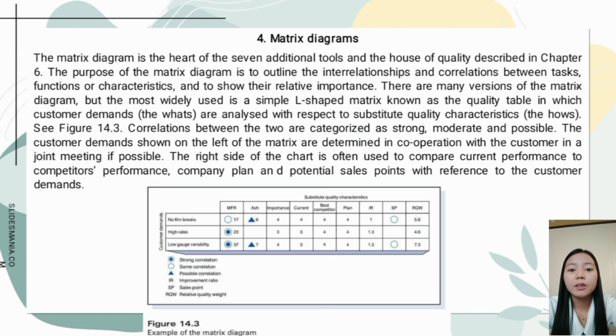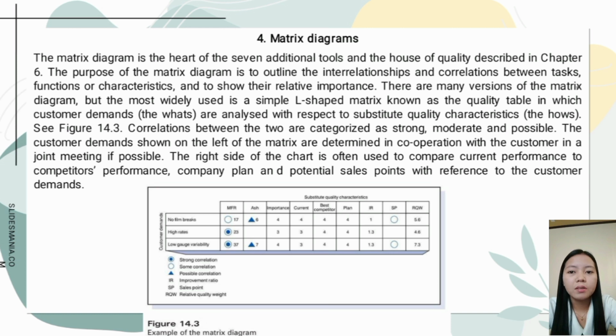Next is matrix diagrams. The matrix diagram is the heart of the 7 additional tools and the house of quality described in Chapter 6. The purpose of the matrix diagram is to outline the interrelationships and correlations between tasks, functions, or characteristics, and to show their relative importance.